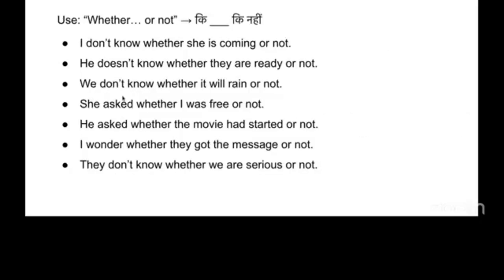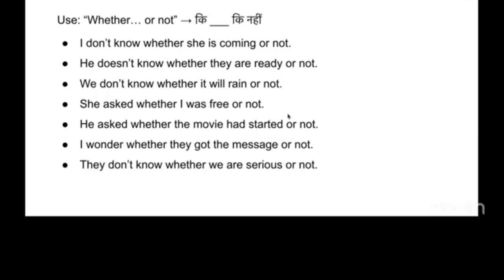So we don't know is हम नहीं जानते और हमें नहीं पता whether कि बारिश आएगी कि नहीं और बारिश होगी कि नहीं. She asked, to ask is पूछना, right? And it's past, it's a transitive verb. She, because you asked something. So उसने पूछा कि मैं फ्री हूँ कि नहीं.